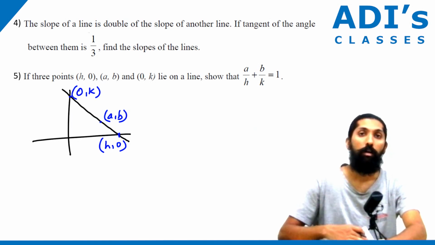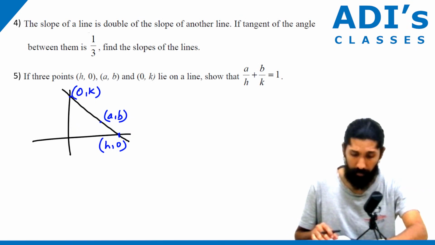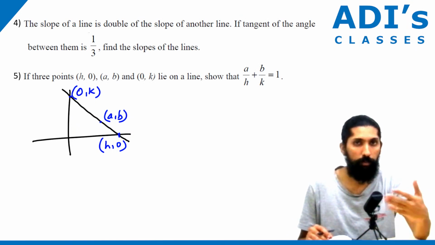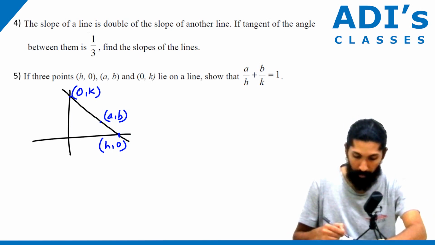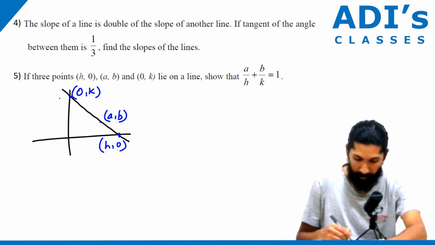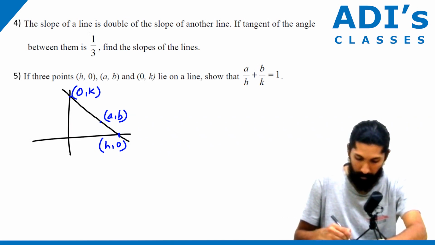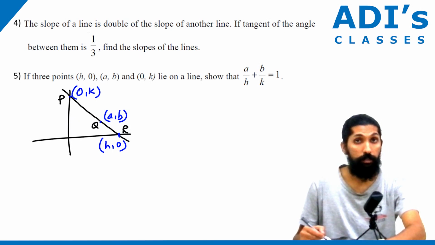Okay, now first thing we'll do is try to find the slope. With the help of slope we will be able to do something. Let's call this point P, this is Q, say this is R. Fine. Now let's find the slope.